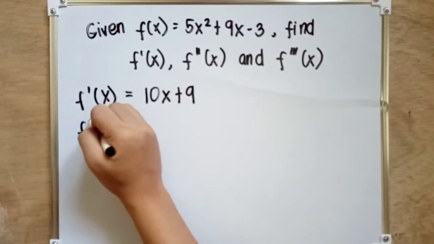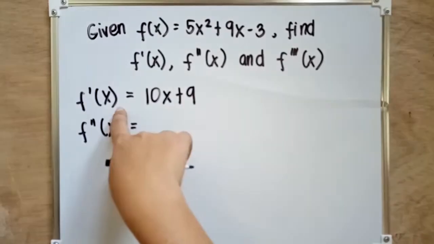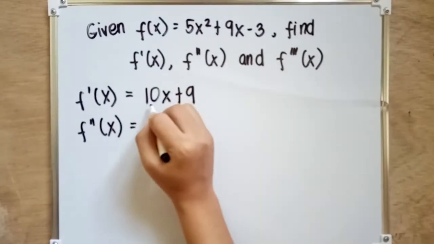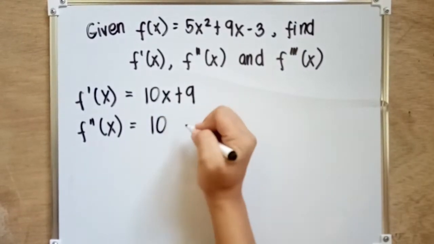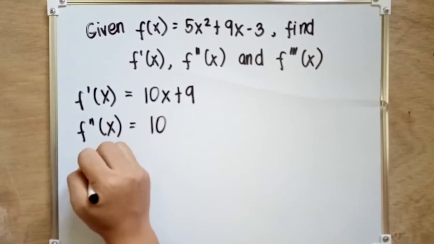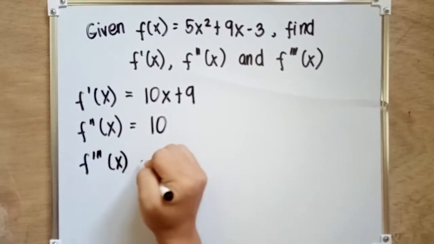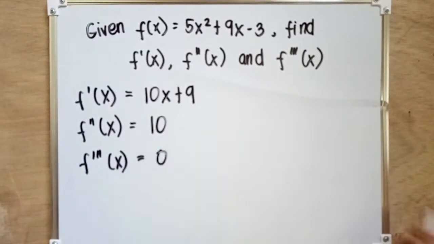Solving for second derivative, f double prime of x, derivative of first derivative is derivative of 10x is equal to 10, then derivative of constant is 0. For the third derivative, f triple prime of x, the derivative of 10 is 0.